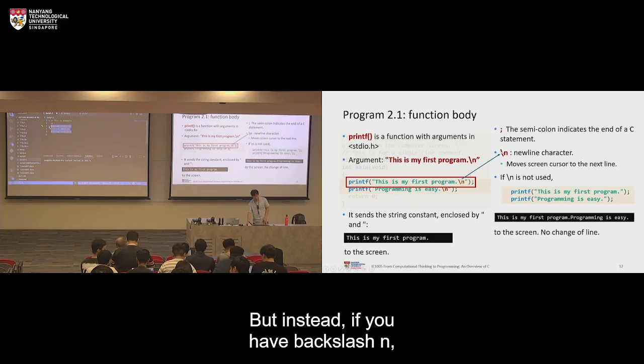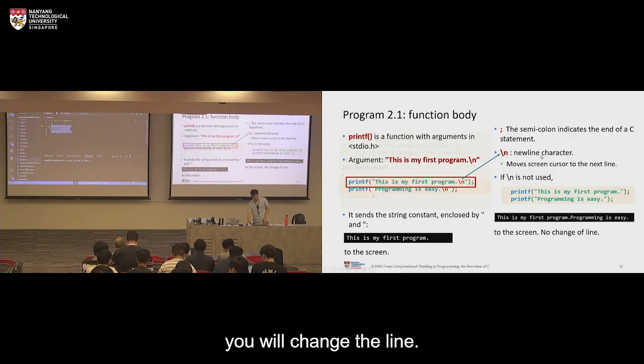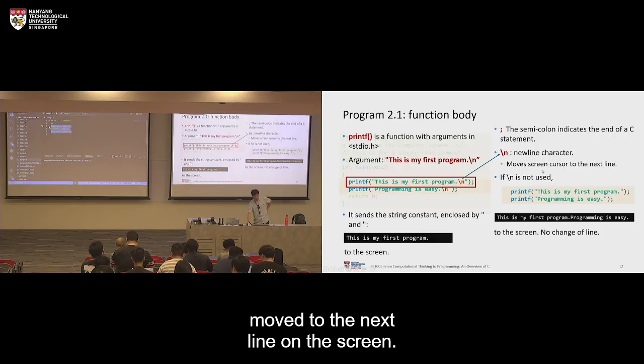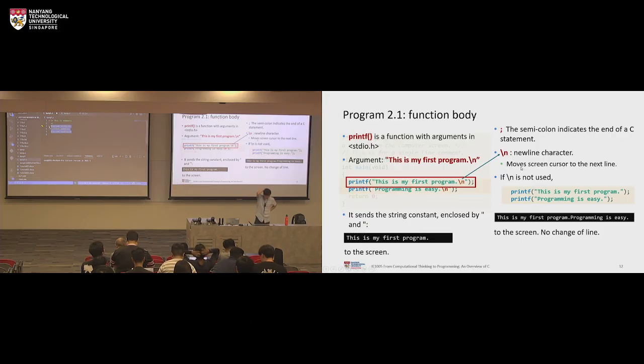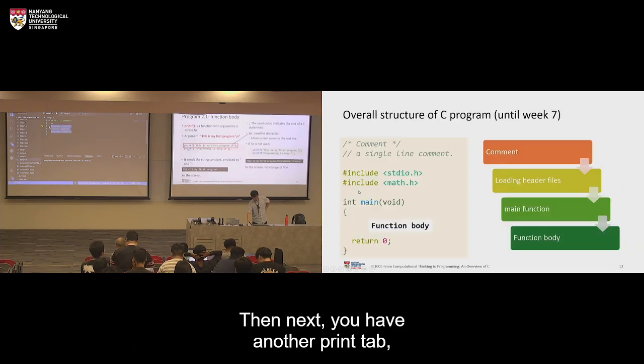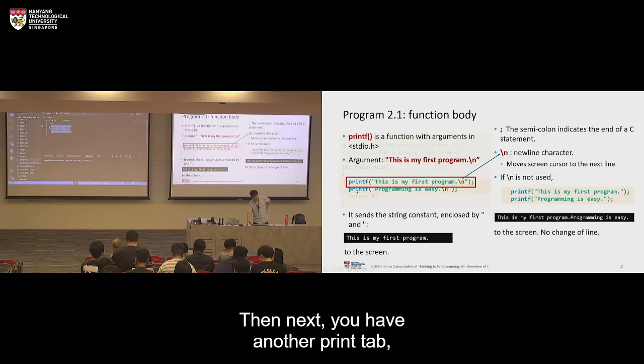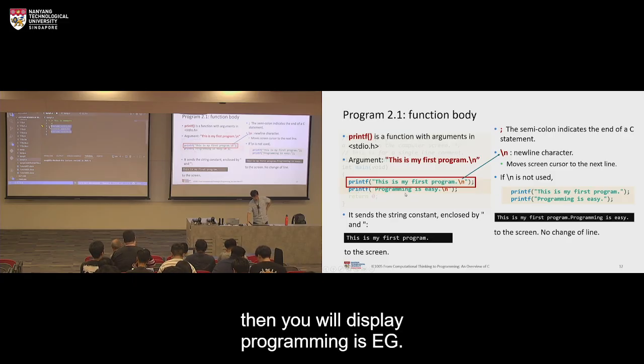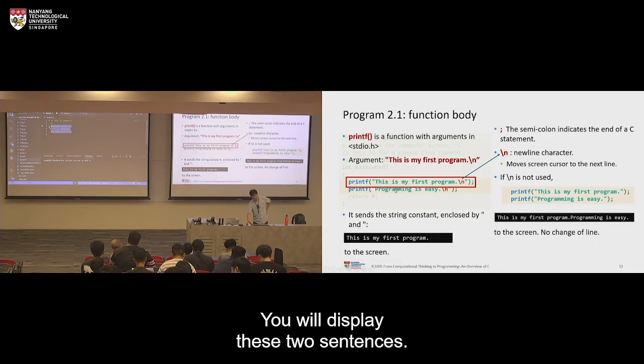Instead, if you have \n, you will change the line, so the cursor will be moved to the next line on the screen. All right, then next you have another printf, and you will display "Programming is easy." So you will display these two sentences.